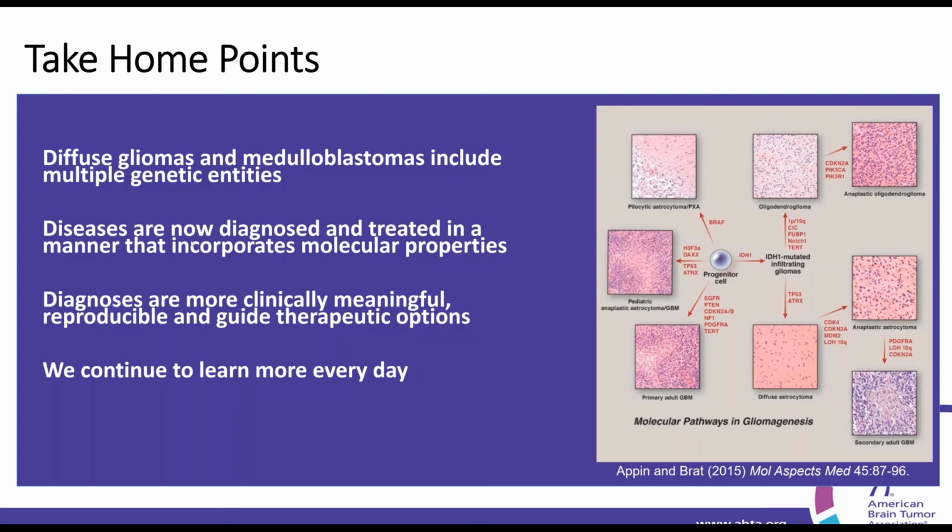We are now entering the molecular era. Diseases are now diagnosed and treated in a manner that incorporates molecular properties that also reflect their clinical properties. And diagnoses are more clinically meaningful, reproducible, and guide therapeutic options. We continue to develop better and better platforms for improved and more personalized diagnoses, and we're learning more every day about this.